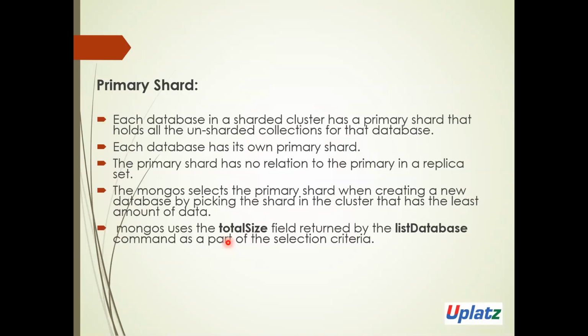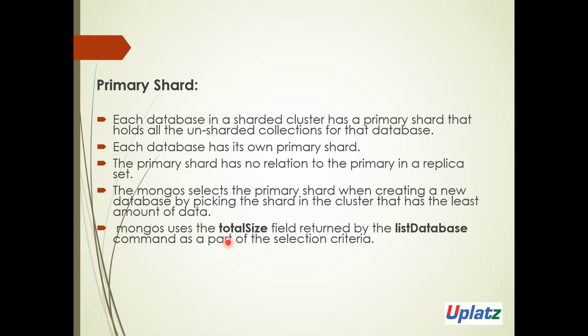So basically, how does the primary shard work? In each database in a sharded cluster, we have a primary shard that holds all the unsharded collections. So every database will have a primary shard. It has no relation to the primary in a replica set.